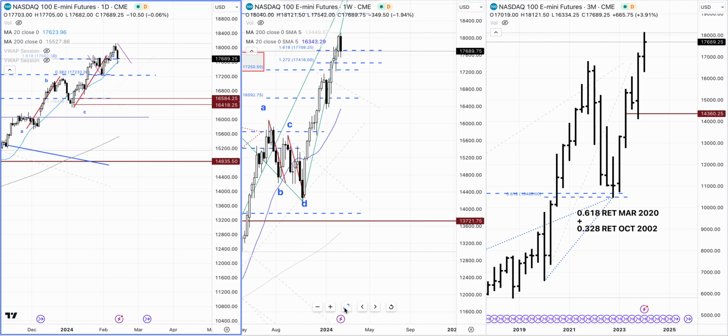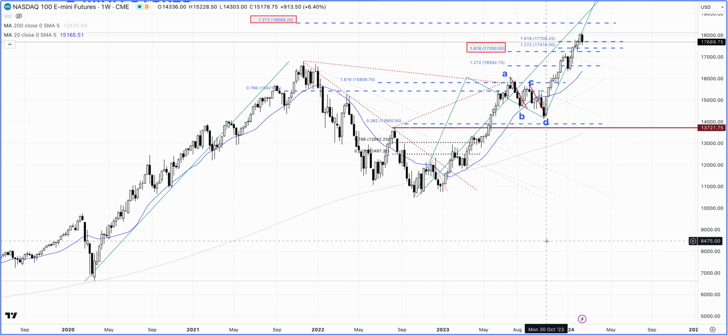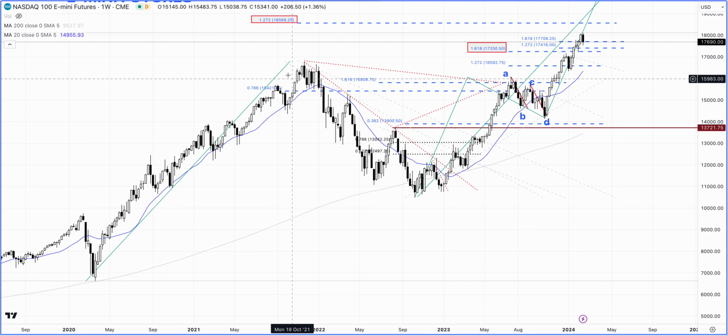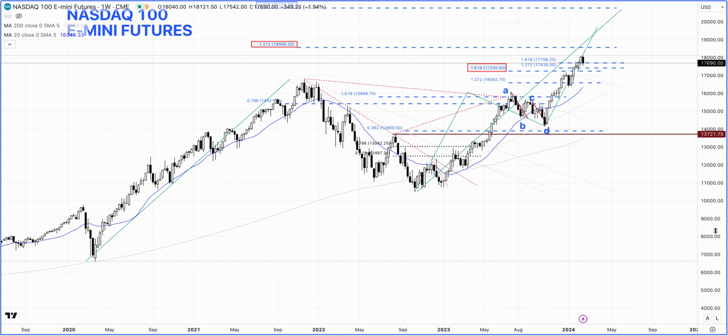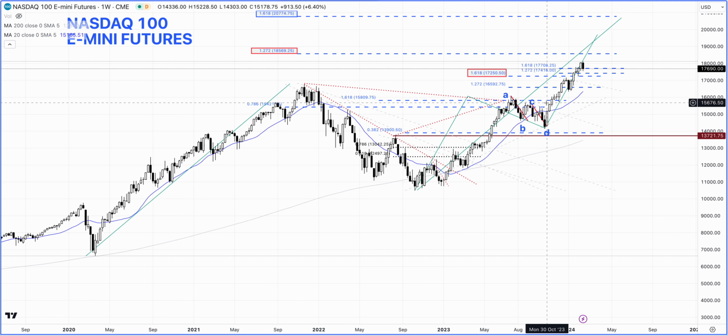Just on the weekly chart, this is longer term. One of the key areas we had been watching for was the 18,570 level, and I believe that's still possible, maybe even by the end of this month. We'll have to wait and see how this week is going to close.